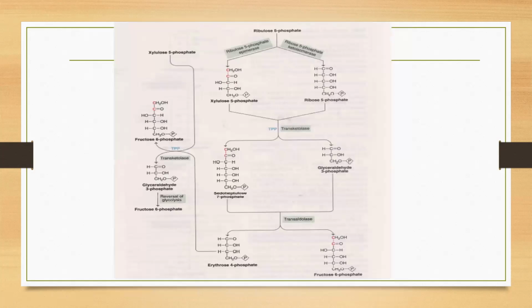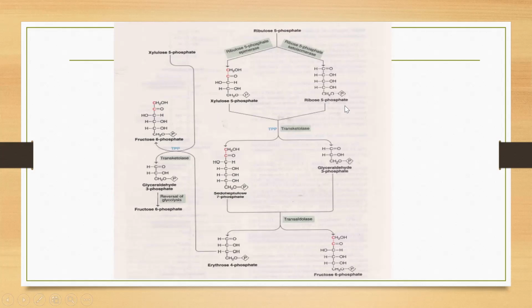So what I want to tell you is that here in the non-oxidative phase, the 6 molecules of ribulose 5-phosphate will be there. And therefore here we get 4 molecules of xylulose 5-phosphate and 2 molecules of ribose 5-phosphate.